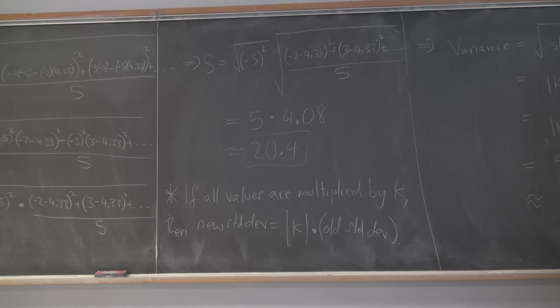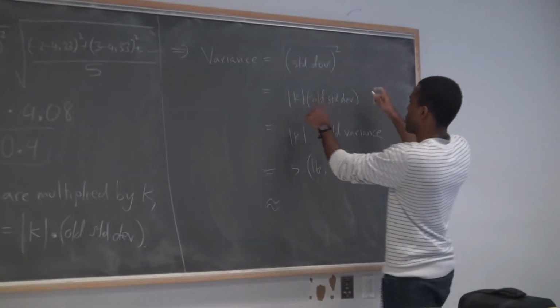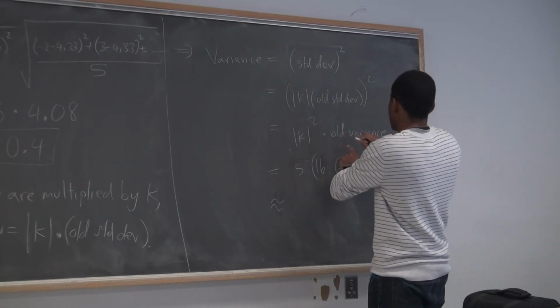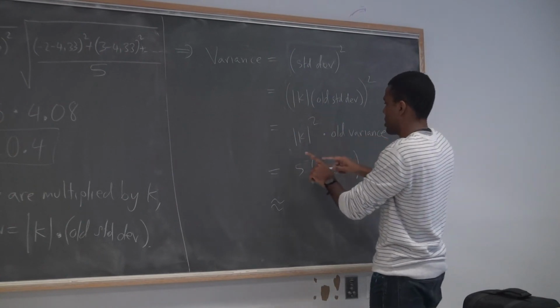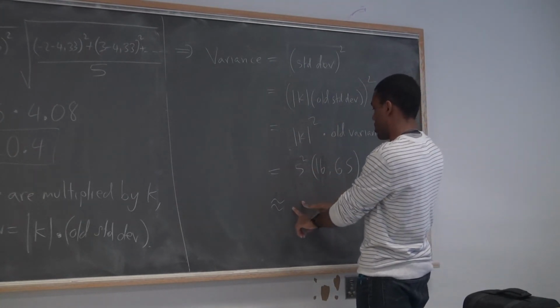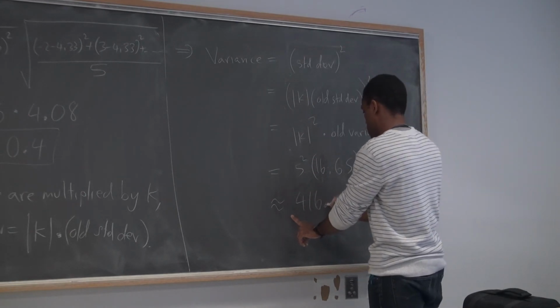We should be taking the squares. It's the other way around. You want to get rid of the radical. So we're squaring. So this is the constant squared times the variance. So this is ultimately 416.2.